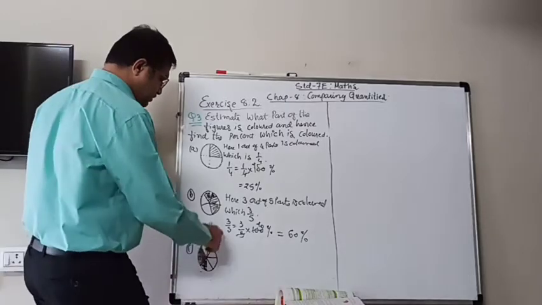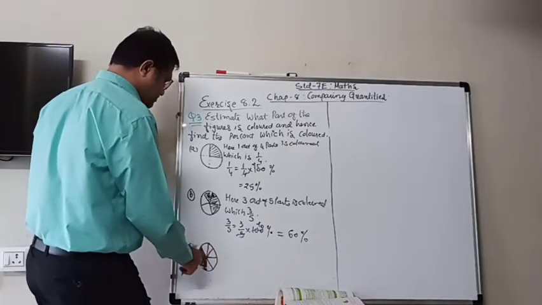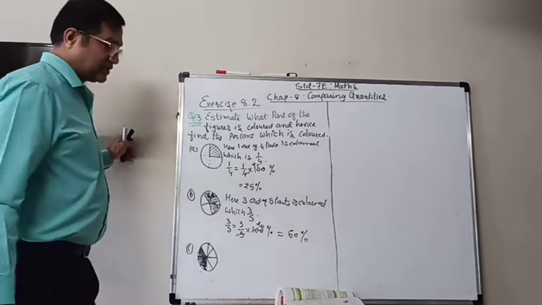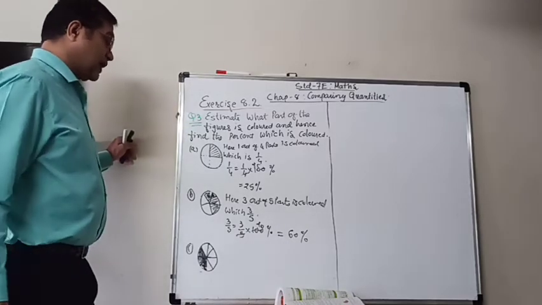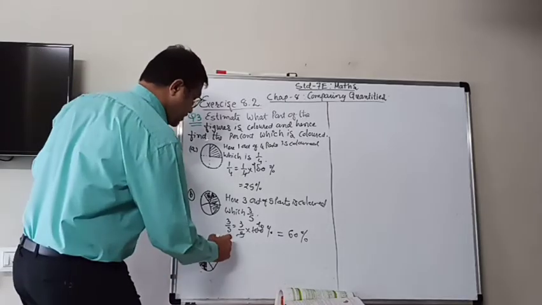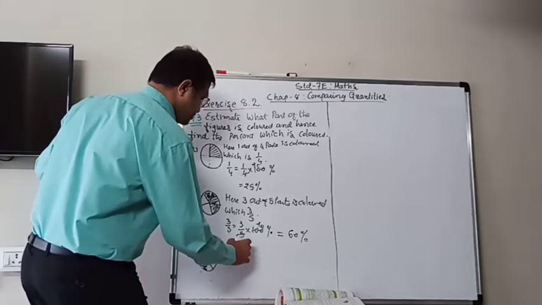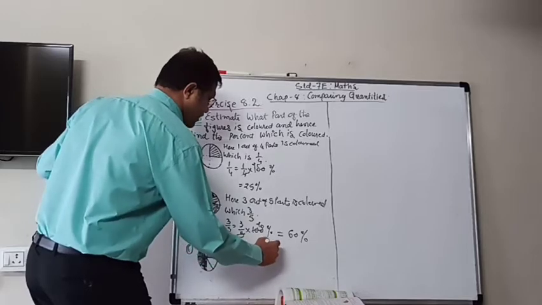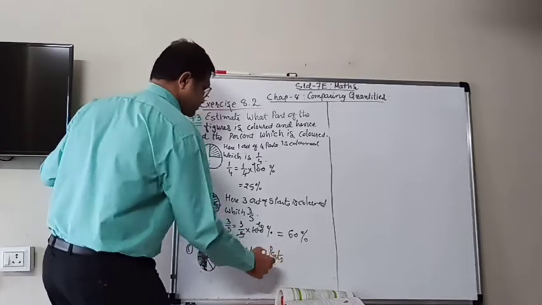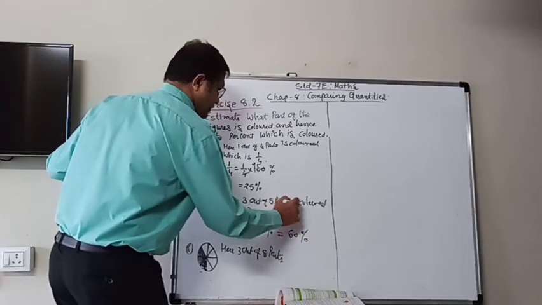In the last one you can see that 1, 2, 3, 4, 5, 6, 7 and 8 parts are there. And out of 8, 3 are colored. So here 3 out of 8 parts are colored.